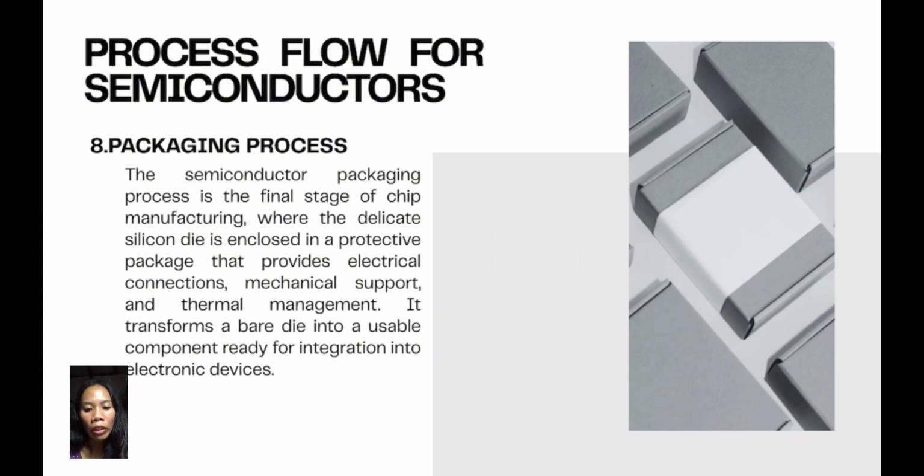The semiconductor packaging process is the final stage of chip manufacturing, where the delicate silicon die is enclosed in a protective package that provides electrical connection, mechanical support, and thermal management. It transforms a die into a usable component ready for integration into electronic devices.